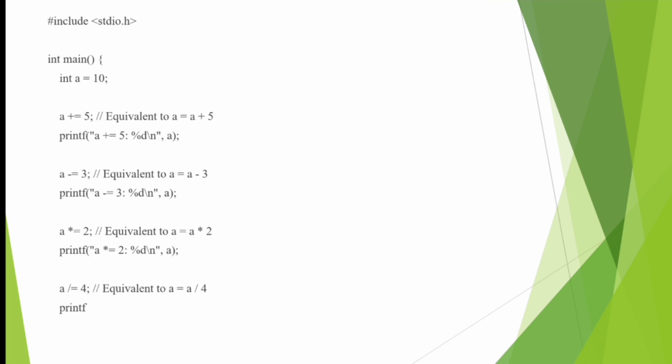The last a value is 12, so 12 into 2, the value will be 24. And then using the division assignment operator, a divided equal to 4 means a equal to a divided by 4. The last a we stored is 24, so 24 divided by 4 will return output as 6.